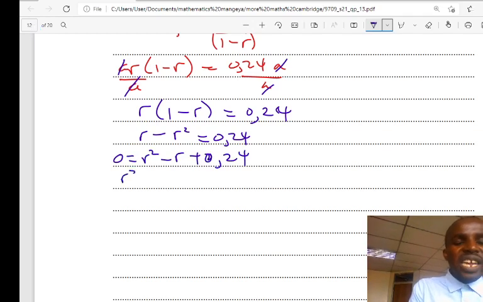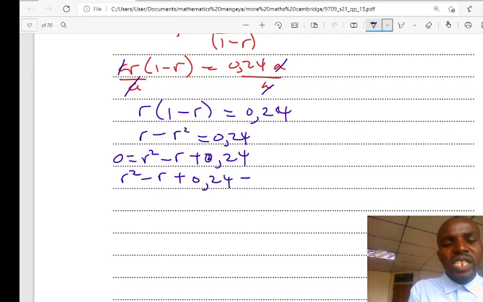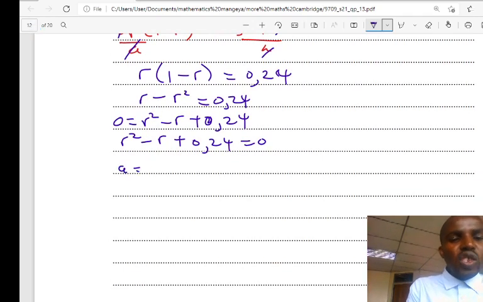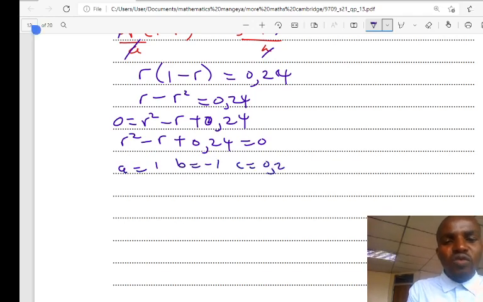This is the same as r squared minus r plus 0.24 is equal to 0. Then after that, you can use the quadratic formula. a is equal to 1, b is equal to minus 1, c is equal to 0.24.